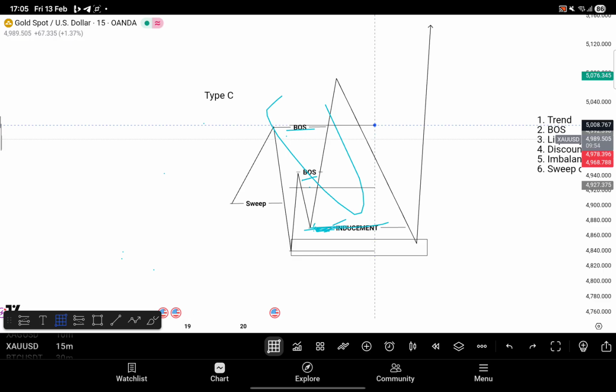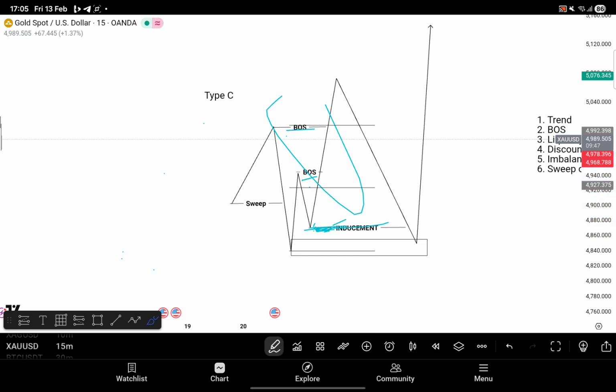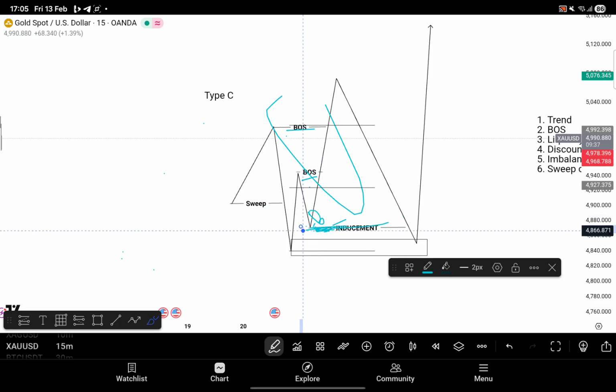You should be buying within this 50% price leg, right? Your point of interest should be within this price leg.